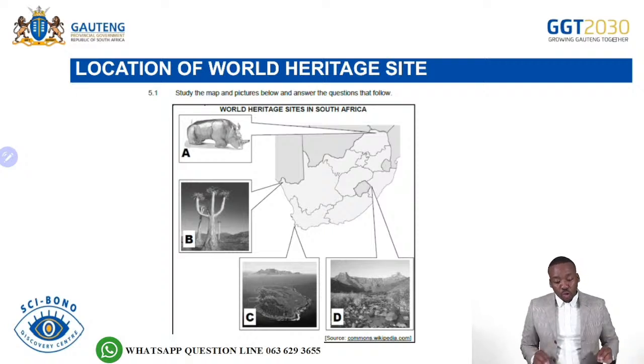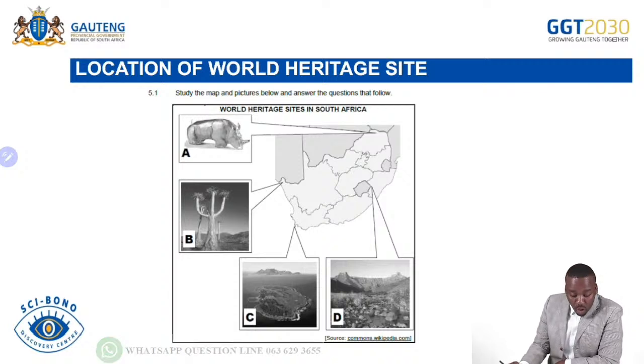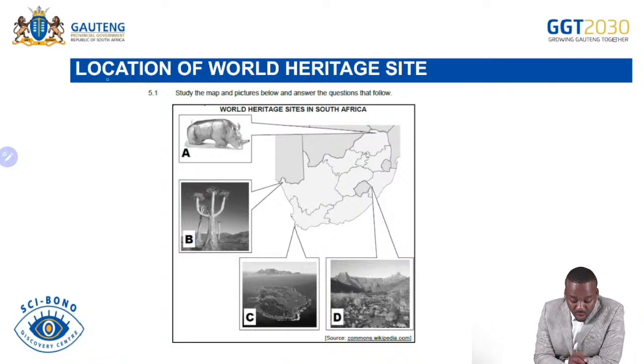Remember, I said to you earlier, you need to know how to study each icon in terms of the location on the South African map. Let's just check this. World Heritage Sites in South Africa, can you see? So an examiner may give you a map of South Africa, then maybe they may say, identify the World Heritage Site number 1 there.